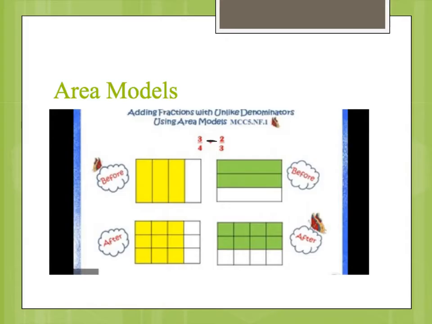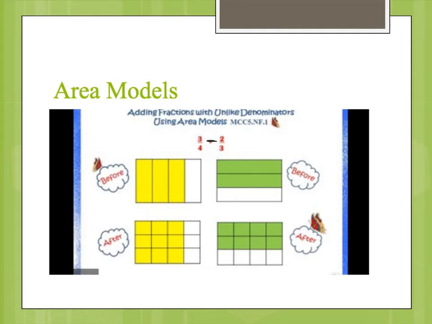Perfect. Alright, so I know what you must be thinking. Well, what if I don't have fraction blocks just laying around for me to use all the time? Well, you can also use area models, just like we did in yesterday's video. So when we are subtracting fractions with unlike denominators, we can also use the area model. So I'm looking right here and I can see, well, my problem is 3/4 minus 2/3.